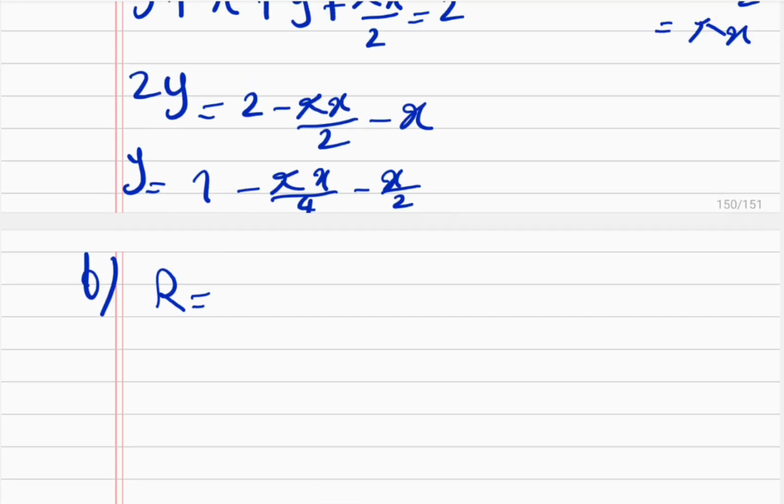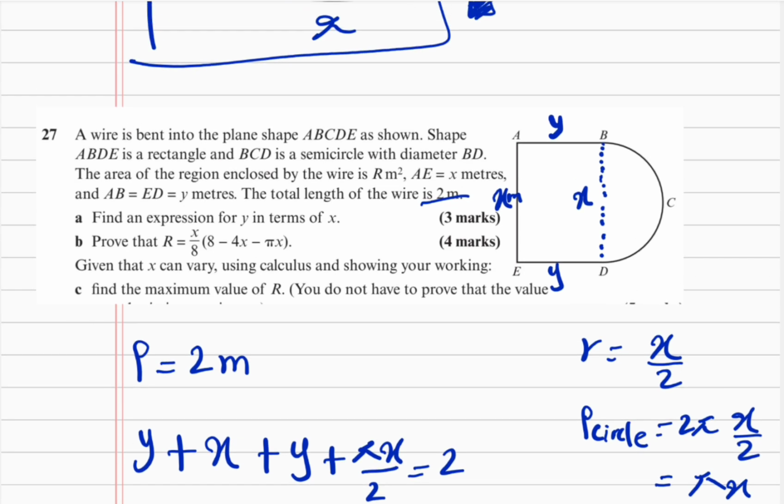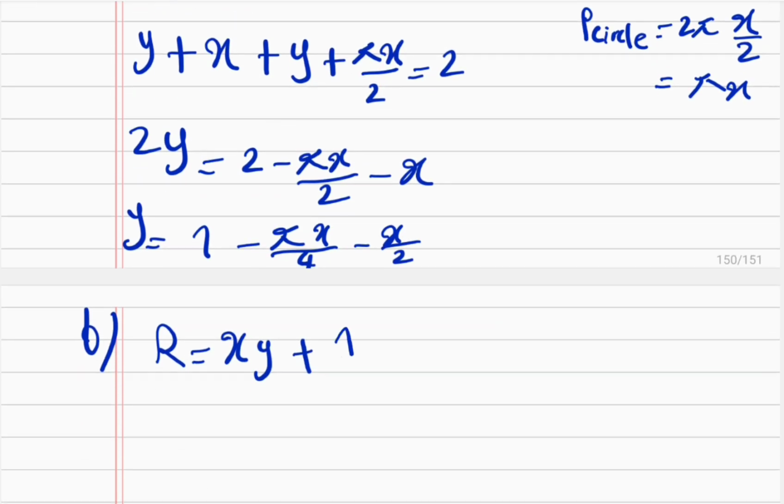So for the rectangle part, the area is simply x times y. And then for the semicircle, the area of a circle is equal to pi r squared. But again, it's a semicircle, so we divide that by 2. So we do a half times pi times r squared.